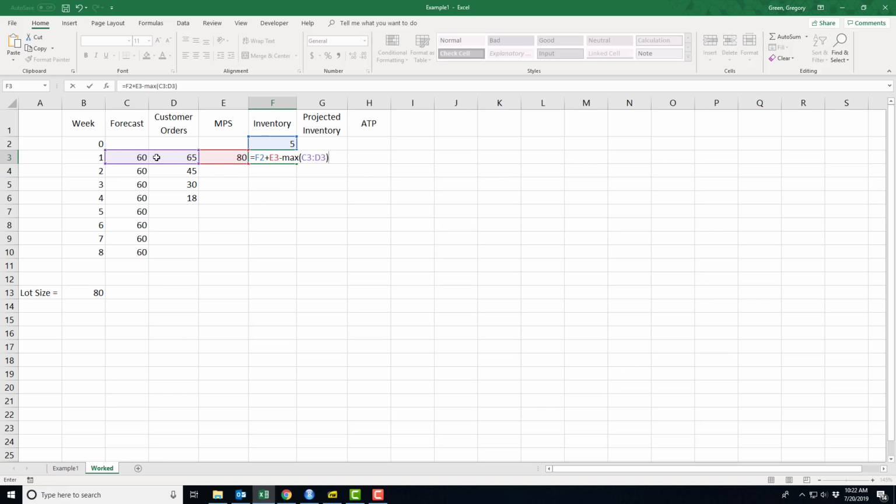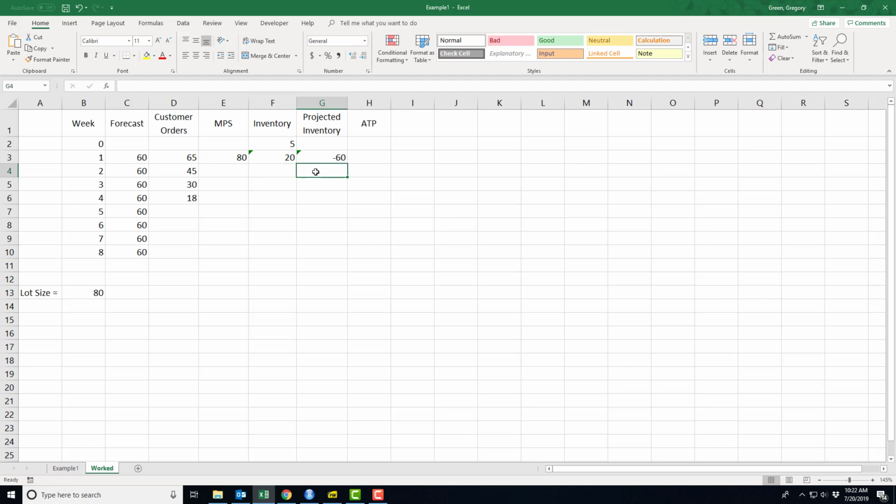Now, why the maximum, right? Well, one's a forecast that was done beforehand, so I didn't really know for certain how much I'd be selling, but I have 65 confirmed customer orders. I know now what I'll be selling, okay? So I'm selling 65 units. All right, so I will have an inventory of 20 at the end of week 1.